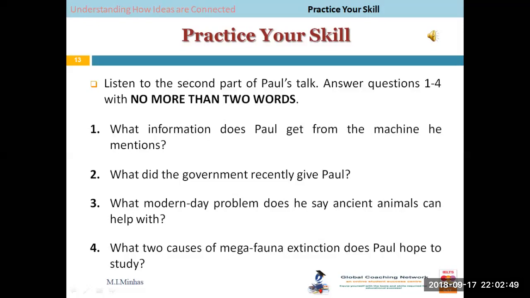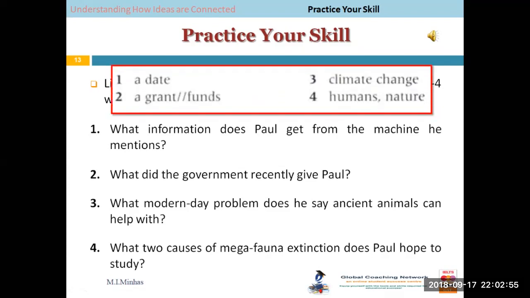From that, he wants to understand what the cause of their extinction was. Was it humans or was it nature? So he talks about grant and funding and everything. I'm going to play it again so that you can understand it well now.